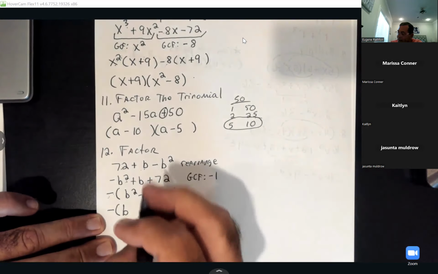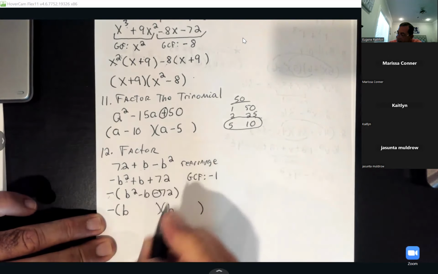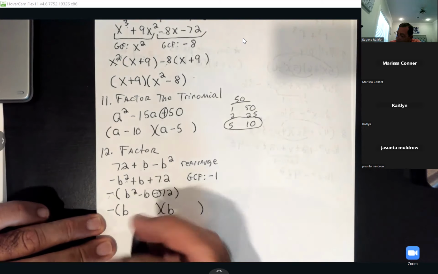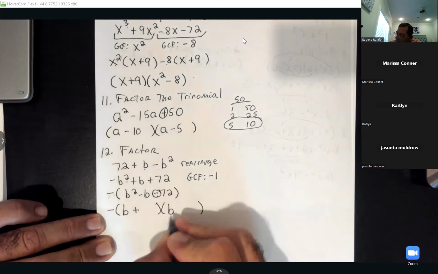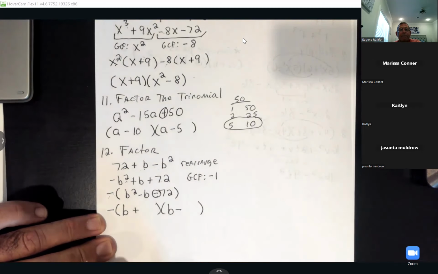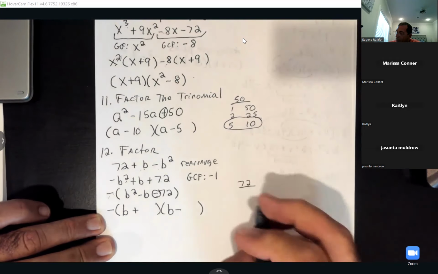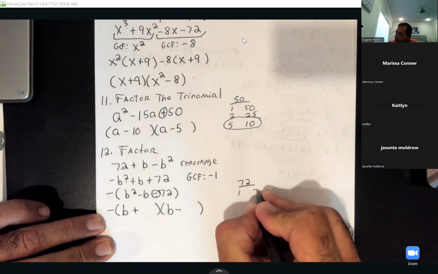So y'all watch this. This time my last number is negative. Anytime the last number is negative, one of these is positive, one is negative. So now let me start playing with my factors of 72. Woo, I think there's a lot of these.